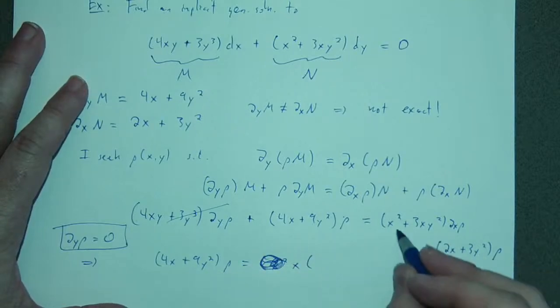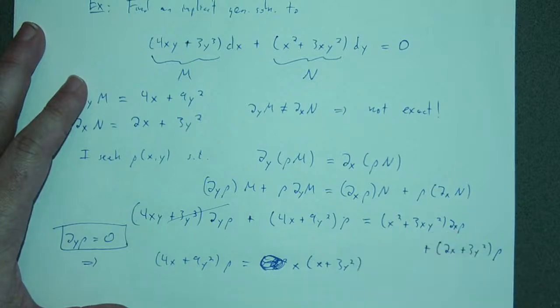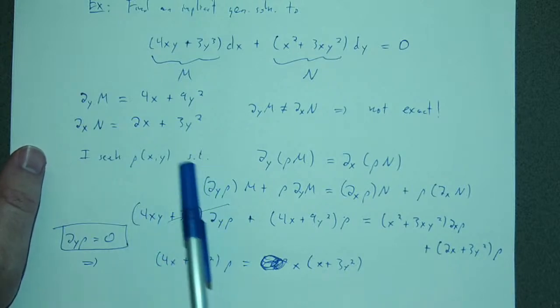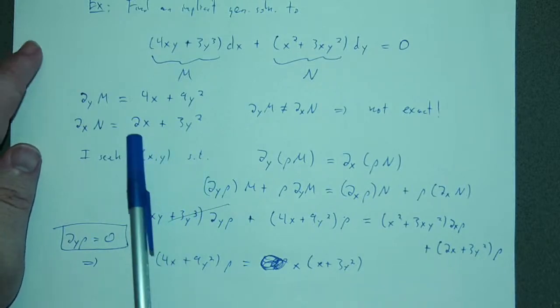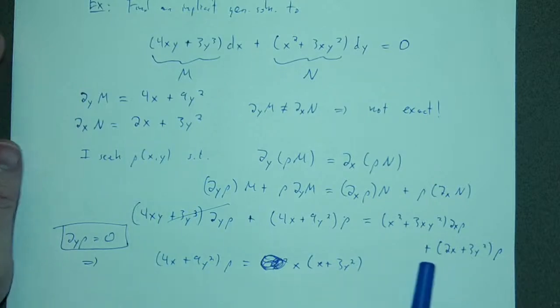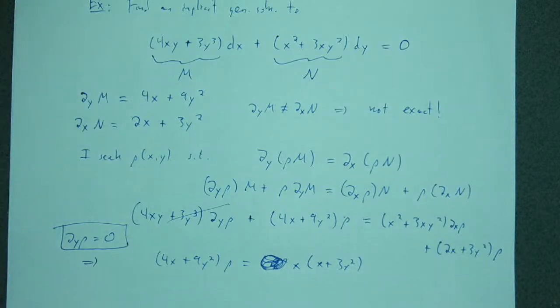So if I pull an x out here, this is x plus 3y squared here. Okay, did I do this correctly? Where's my 2x plus 3y squared here? Yeah, so I wanted to leave this term so that I have 2x plus 3y squared left here, and 2x plus 3y squared on the other side.